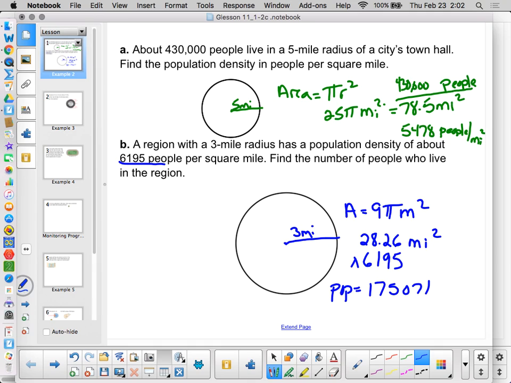Now, you'll notice both times, if you're following along in your calculator, you aren't getting whole numbers here. We always round up to the next whole number because I can't have 0.7 of a person or something like that. Whenever we're dealing with people numbers, you always round up to the nearest whole number. We don't do decimal values. So that's population density. You'll see a couple problems like that.